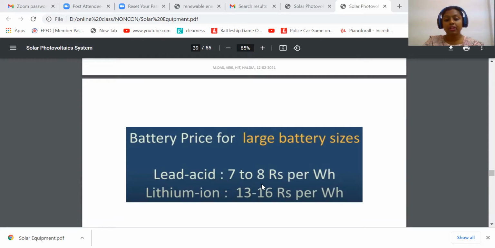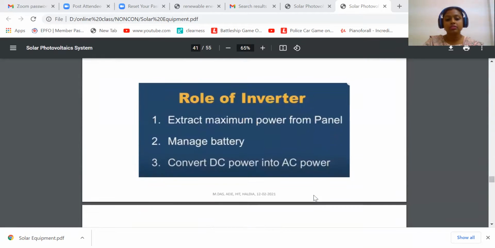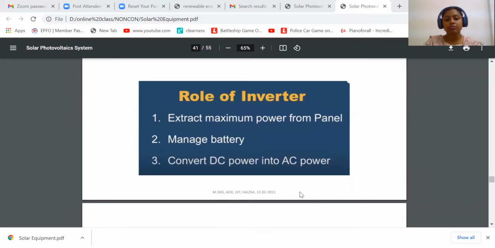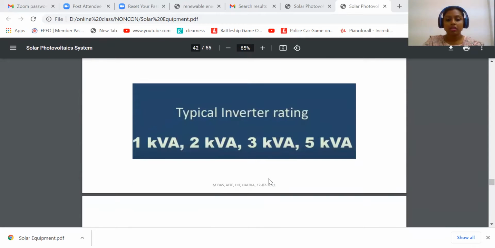Lead acid battery comes at 7 to 8 rupees per watt hour, and lithium ion battery starts at 13 to 16 rupees per watt hour. Then there is the inverter, so we can also use an inverter. The role of the inverter is to extract maximum power from the panel, manage the battery, and convert DC power into AC power for our AC load.